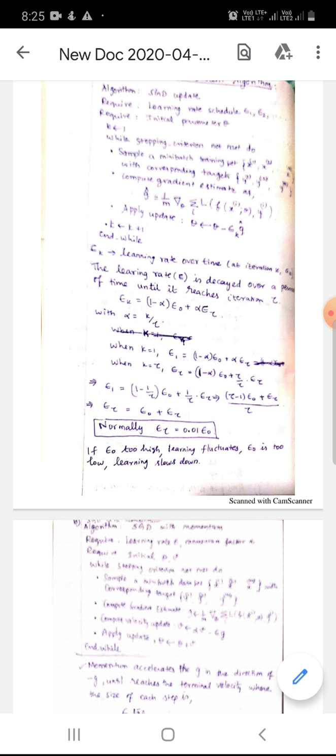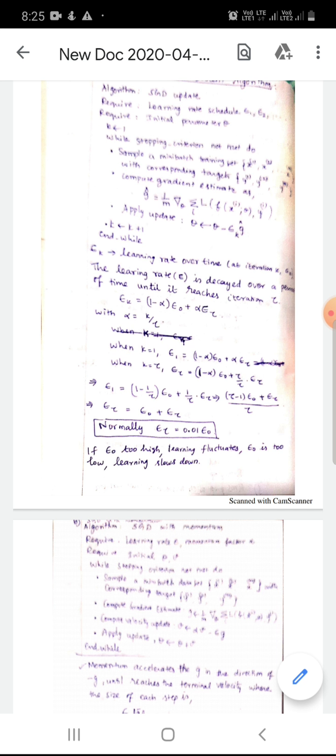So until the low cost of the optimization function or cost function is reached, we are going to update this algorithm. What we do first is identify a sample mini batch training set which contains m different data samples along with their corresponding targets y1, y2 up to ym. Using that data set, we would have trained our deep learning model.